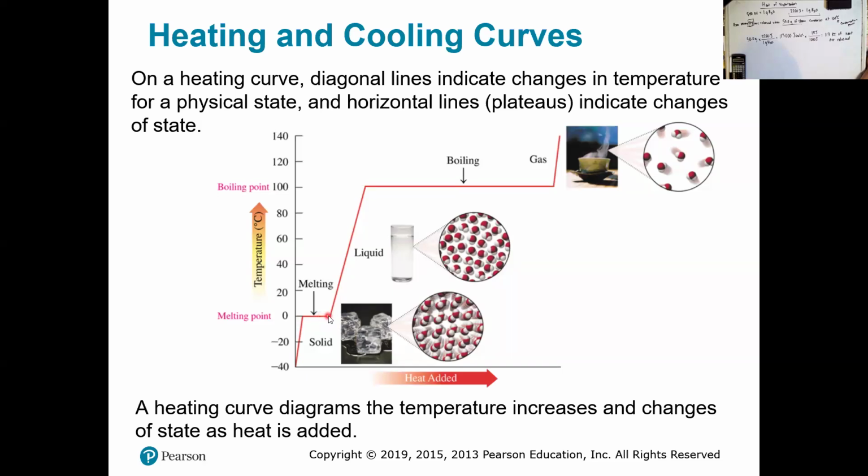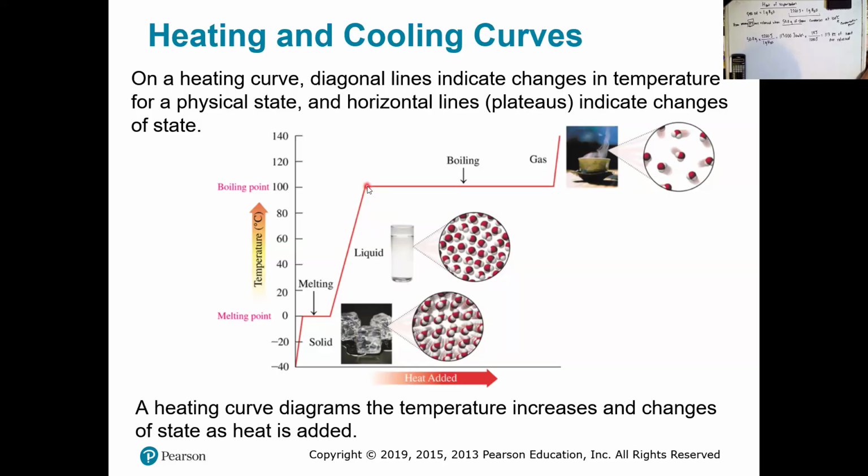And right at this point, all of the solid ice has turned into liquid water. Okay. And we're still adding heat to this, but now we have only liquid water. And so now the temperature of our liquid water is going to continue to increase. And we're going to keep on adding heat, and that temperature is going to keep on increasing until it reaches 100 degrees Celsius.